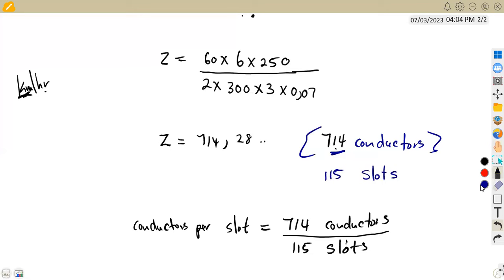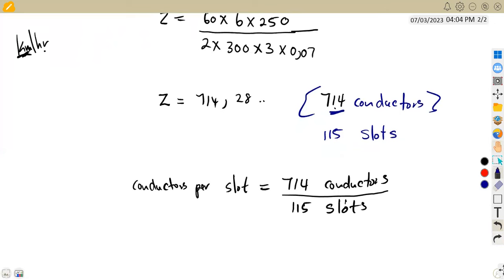Dividing 714 by 115, we obtain 6.20 and so on, which to the nearest whole number is 6 conductors per slot.